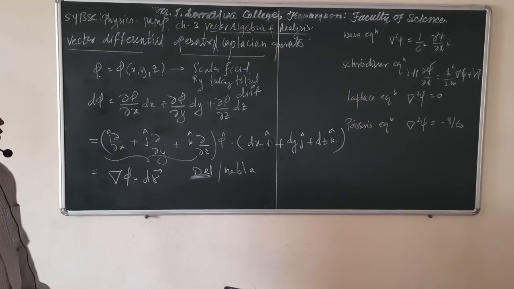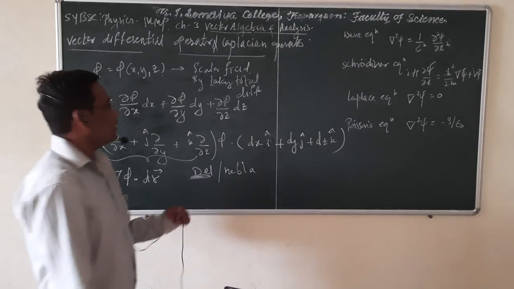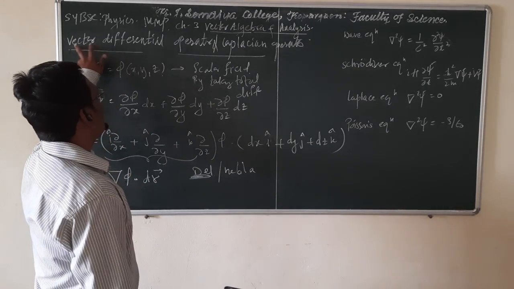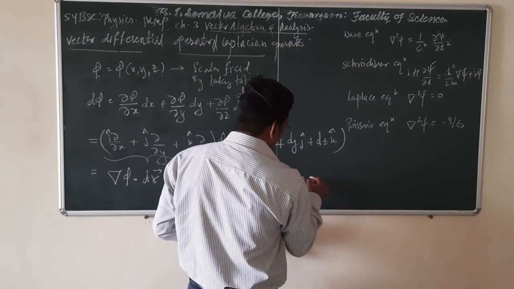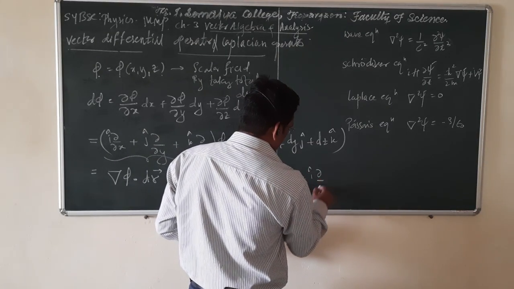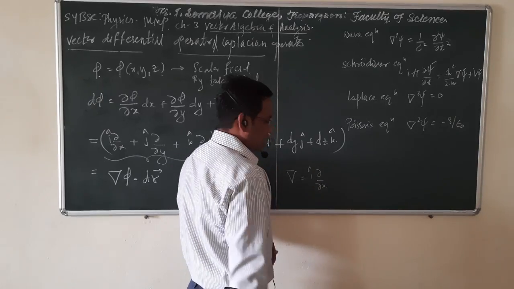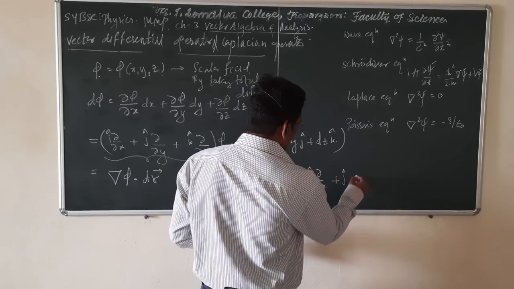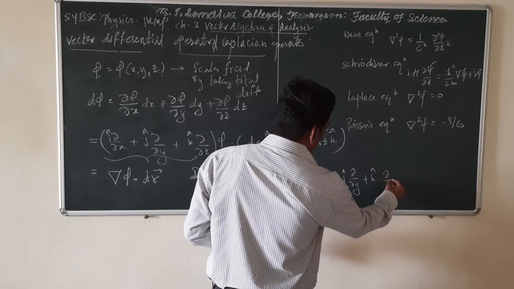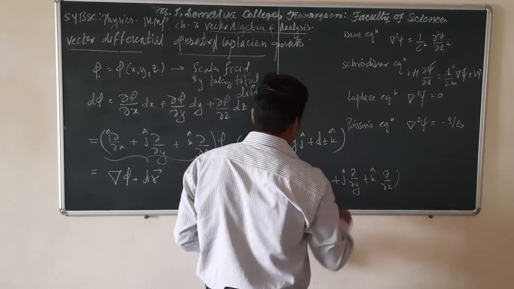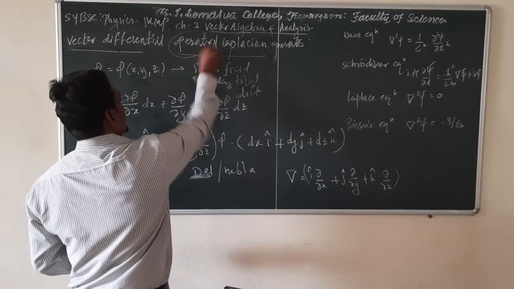The vector differential operator del is again a vector operator, defined as del = i cap ∂/∂x + j cap ∂/∂y + k cap ∂/∂z. So this is the operator.